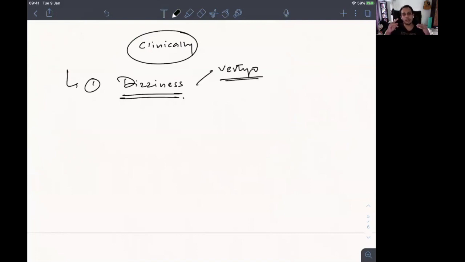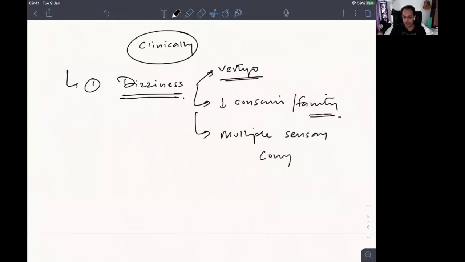By vertigo, we mean that there is a spinning sensation of the environment. It can also mean unconsciousness or decreased consciousness. So you may have blackouts, you may have fainting spells. You can also have multiple sensory complaints.